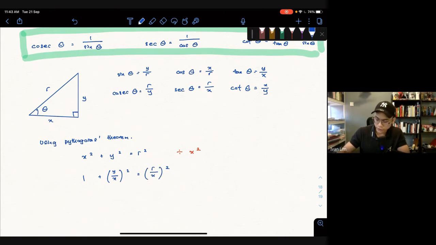So now, what you want to do, you refer back to the identities that we have above. What is y over x? So you'll see here, tangent theta, right? So it'll be 1 plus tangent square theta equals to, okay, let's find another one. Where's r over x? Over here, secant theta. Okay, so it will be secant square theta.